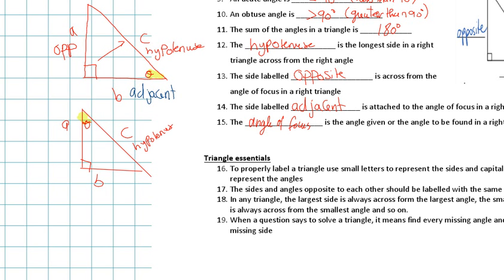Opposite is side B. Do you guys agree with that? So this is my angle of focus, opposite to that is side B. Good. And the one that's left is the adjacent. So it depends on which one is your angle of focus, that your adjacent and opposite will switch. You see that? The adjacent and the opposite will switch depending on which one is my angle of focus.